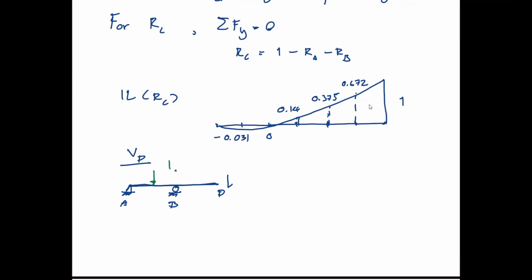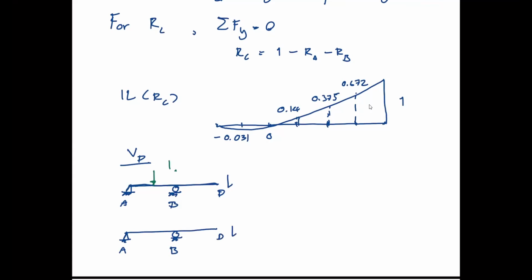Okay, and the free body diagram remains the same, but you have to move the unit load across your structure. So there will be the time when the unit load moves further away from point D, and your free body diagram can look like this, right?